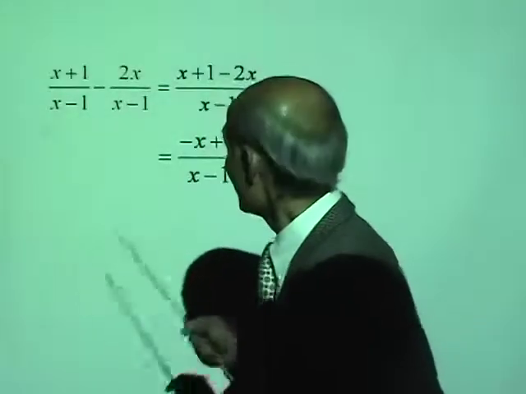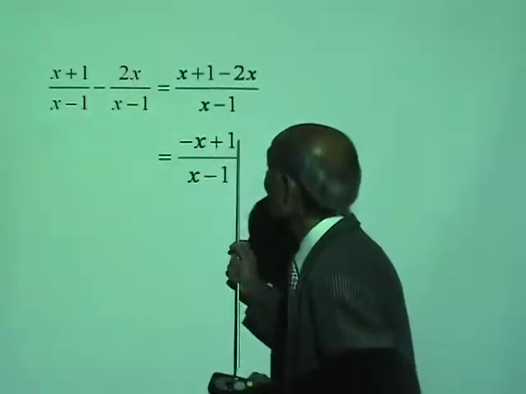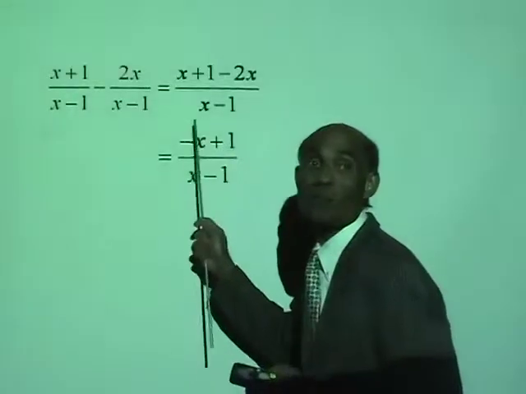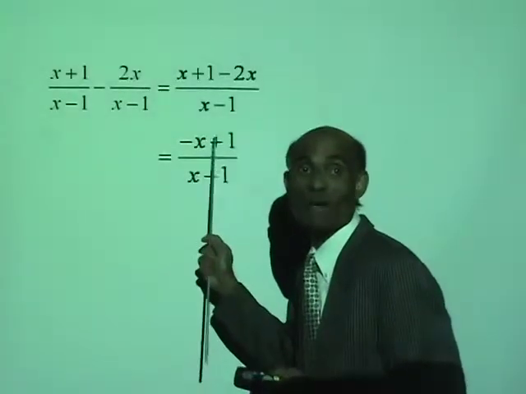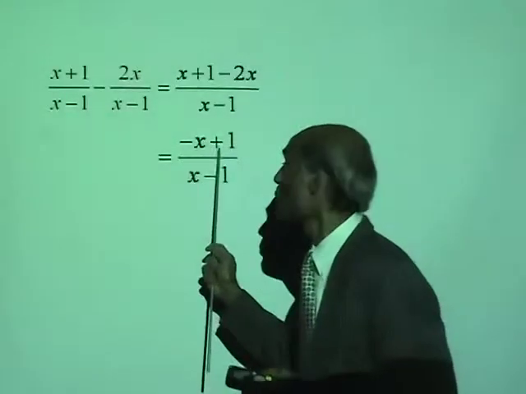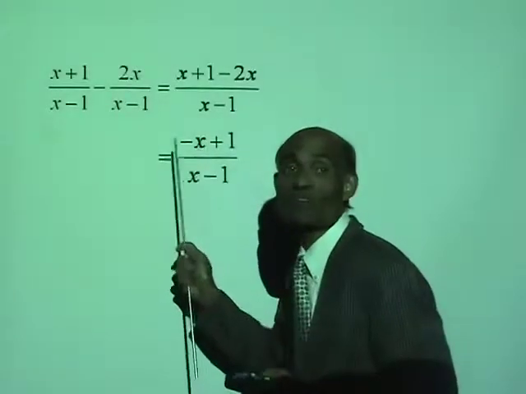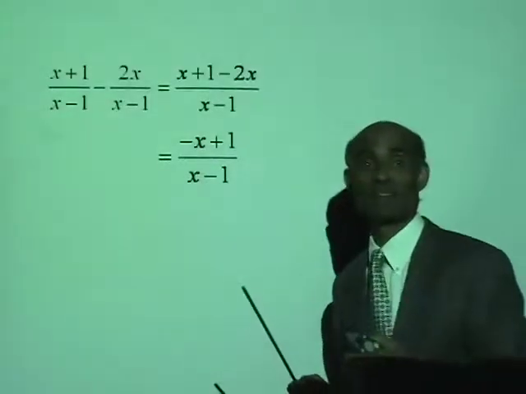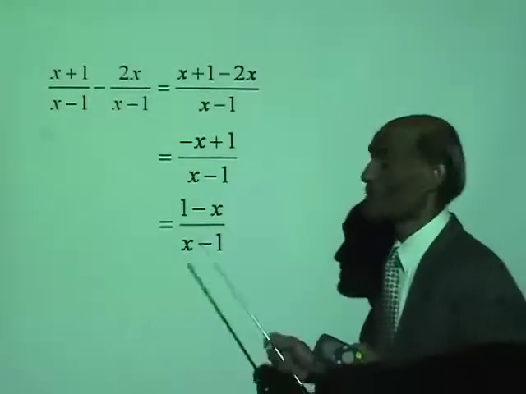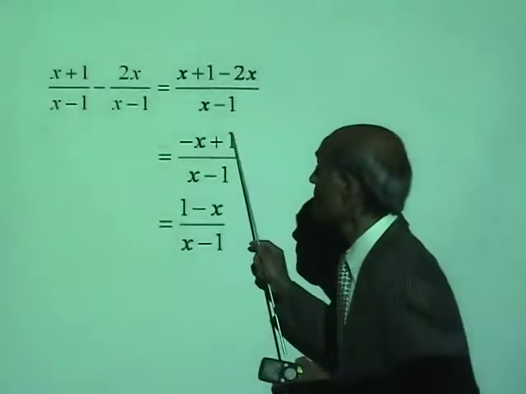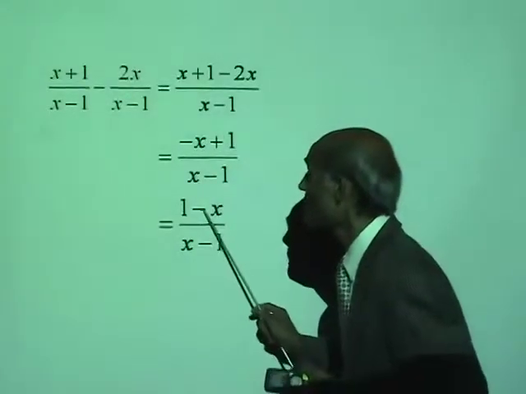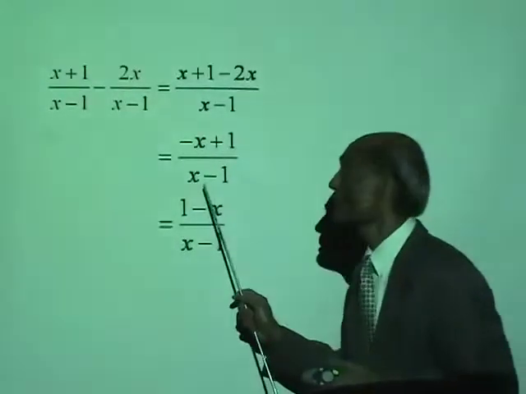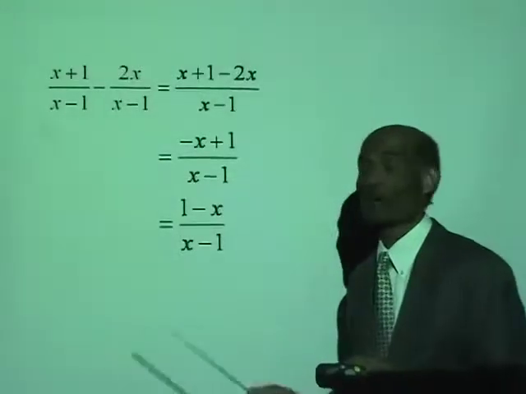So, negative x plus 1 is actually the same as 1 minus x. Is that right? 1 minus x. And 1 minus x can be written as negative of x minus 1. There you are. So, this negative x plus 1 is the same as 1 minus x. And our denominator is x minus 1.